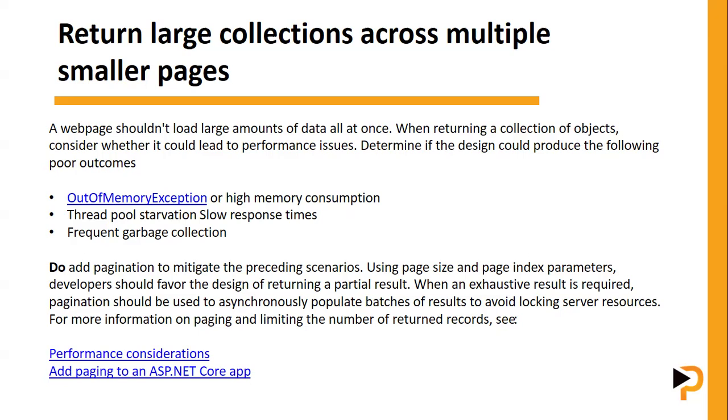When the exhaustive result is required, pagination should be used to return asynchronously populated batches of results to avoid locking server resources. For more information, we can go ahead with this particular page, performance considerations, and add pagination to the ASP.NET app. So let's visit add pagination.